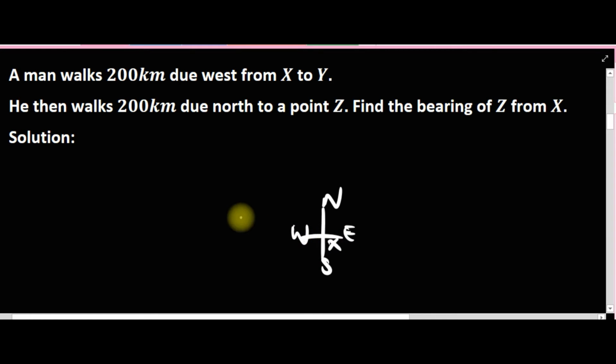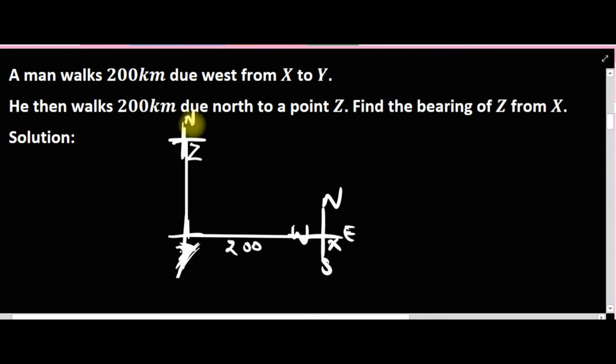He walks to a point Y due west, 200 kilometers. He then walks due north to a point Z.